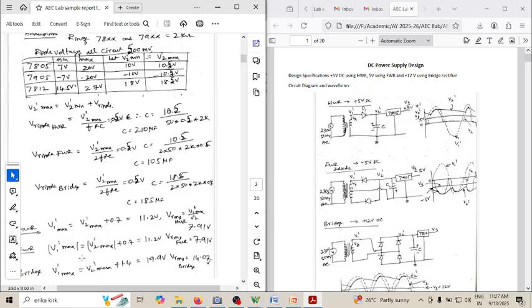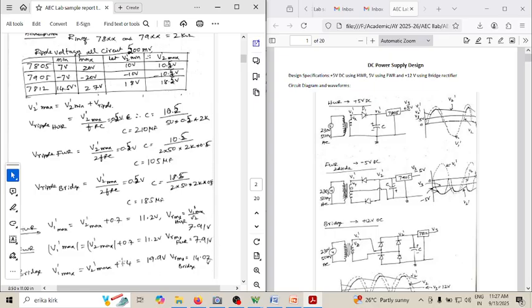So even though we are designing it for minus 5 volt, since I'm taking the modulus of that negative voltage, you can see it comes out to be 11.2 volt peak, which again requires an RMS of 7.91 volt. So if you are using a 9-0-9 transformer, that will be more than 7.91. You can comfortably do it.